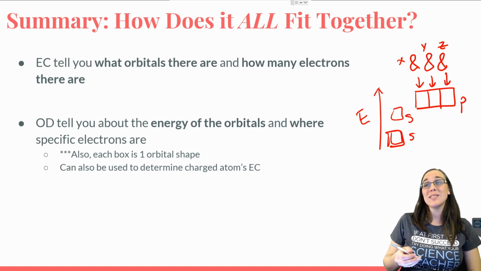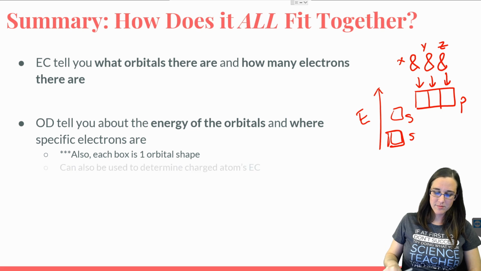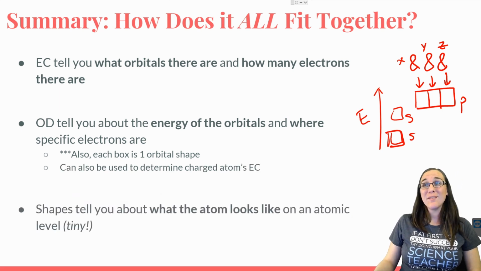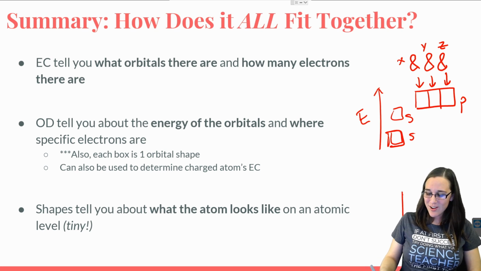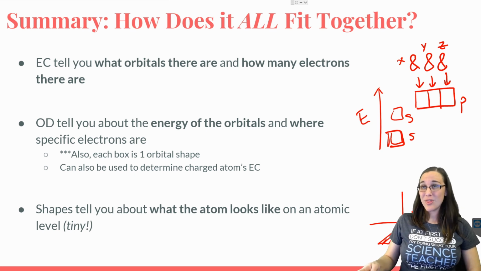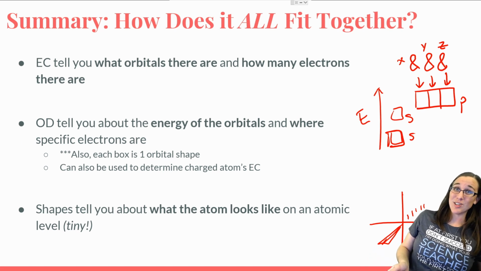We can also use this to determine a charged atom's electron configuration. And then, of course, those shapes that we were drawing on our x, y, and z axis plots that looked really funky, those are going to tell you what an atom looks like at an atomic level.